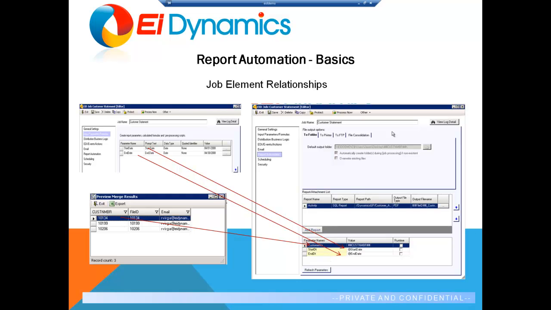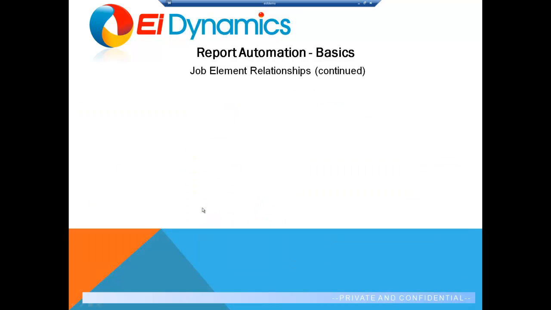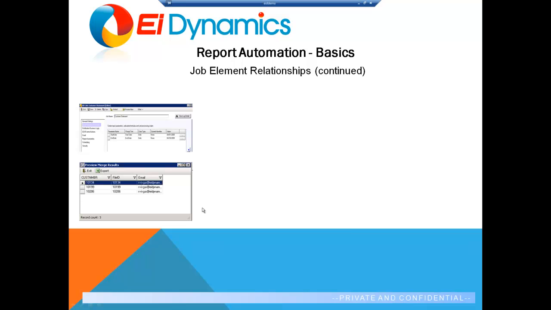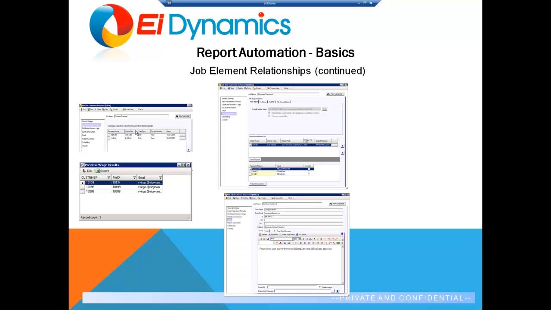So in this case, if you look at the screen here on the right for the customer statement, this report is expecting 3 parameters. So it's expecting a customer ID, a start date, and an end date. And you can see that we're going to derive our start and end date from our global parameter that we set up, and we're going to derive our customer ID from the list of customers that's been returned from our query to the database.